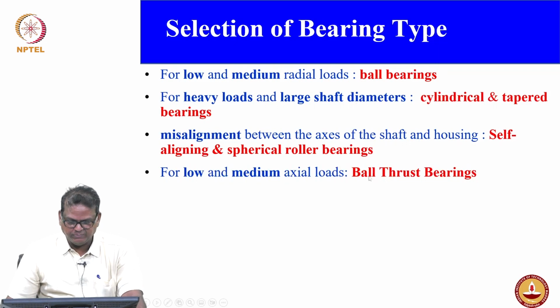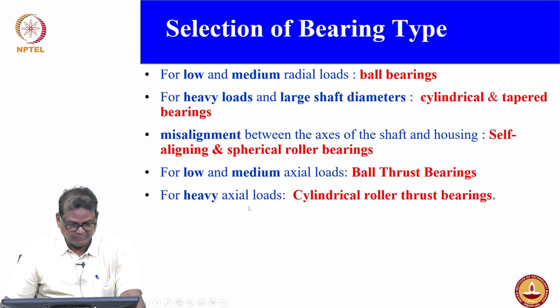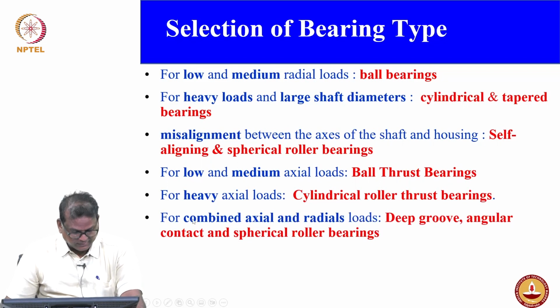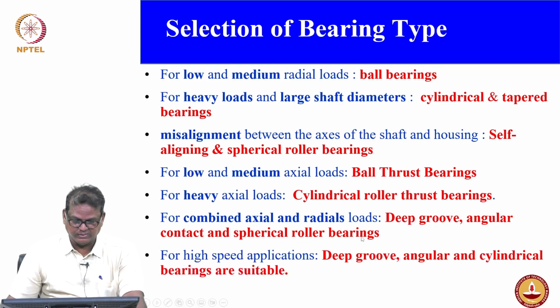For low and medium axial loads, use thrust bearings. I already explained these things. For heavy axial loads, a cylindrical roller thrust bearing can be used. For combined axial and radial loads, you can go for deep groove, angular contact, and spherical roller bearings. For high speed applications, deep groove, angular, and cylindrical bearings are suitable.